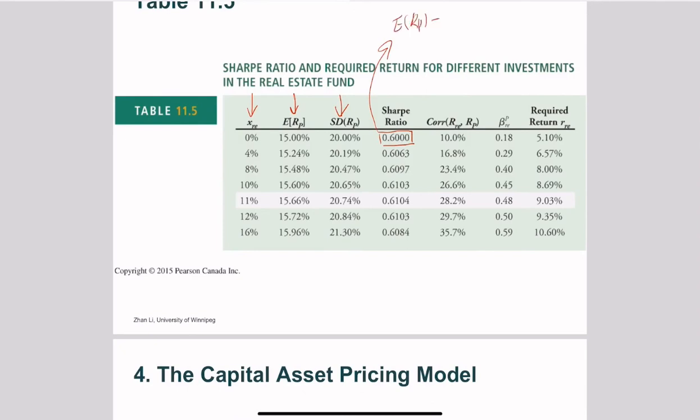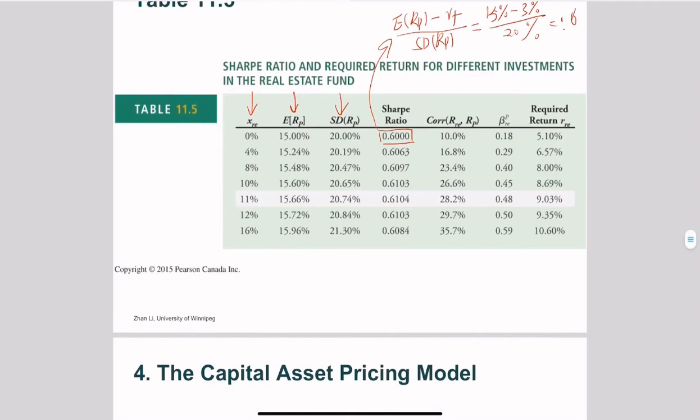It's the expected return minus the risk-free rate, divided by the standard deviation. We know the risk-free rate is 3%. So it's 15% minus 3%, divided by 20%. It's 0.6. So that's how you get the 0.6 Sharpe ratio.